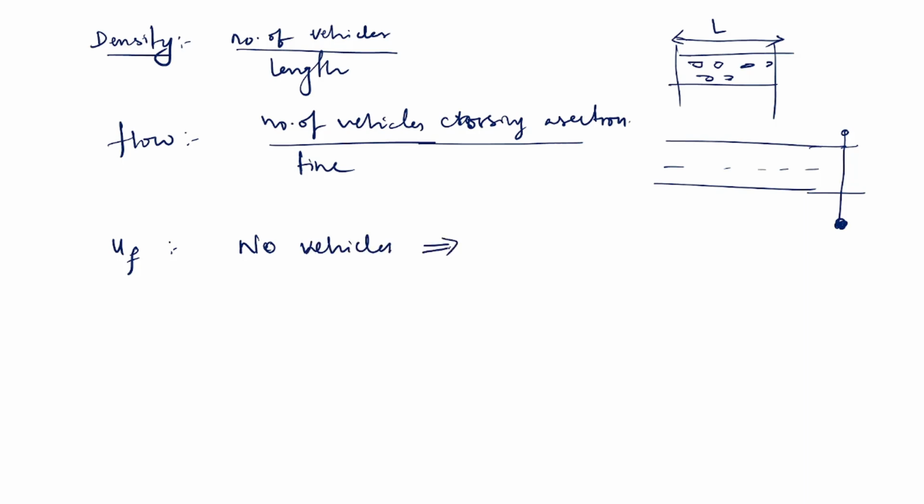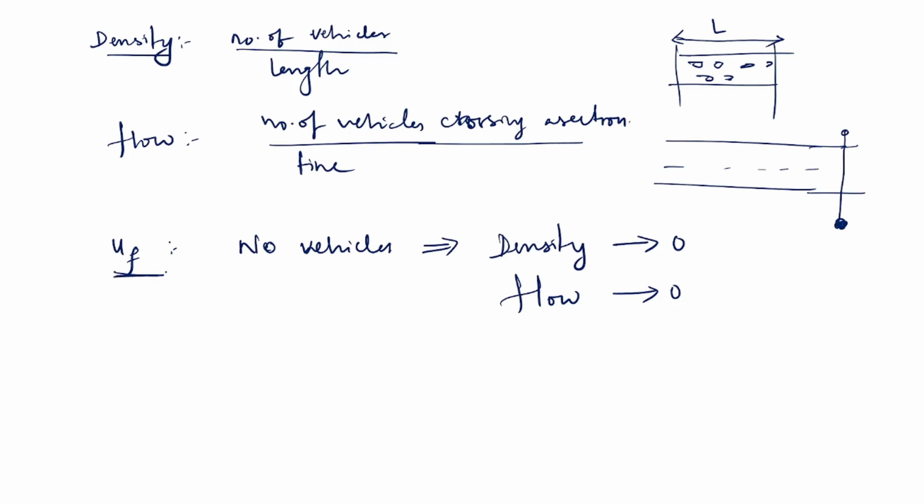If there are no vehicles, density tends to 0 and flow also tends to 0, because when there are no vehicles you cannot see any vehicle crossing a particular point in a considered time. Suppose I take 5 minutes. In 5 minutes there may not be any vehicles crossing, because vehicles are very few. That's why you're going with that much speed. So flow tends to 0, density also tends to 0.